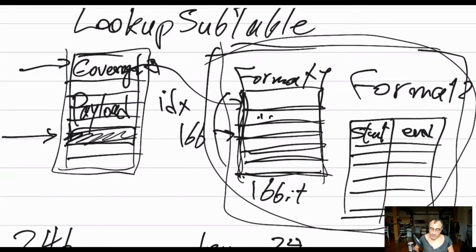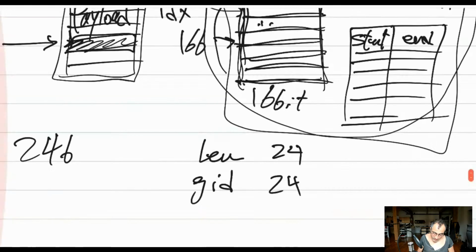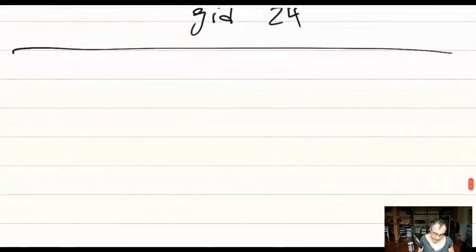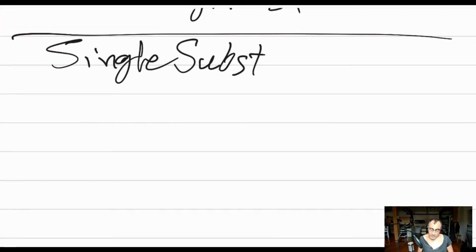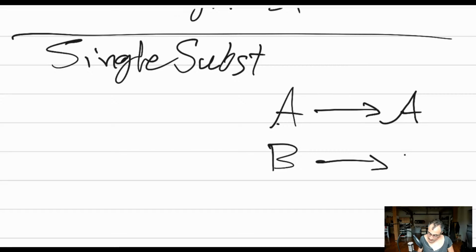So for example, the single substitute subtable, let's look at that. Single substitute is a kind of substitution lookup that replaces one glyph with another, just without context. It just says, oh, replace this one with this one, and replace this one with this one.